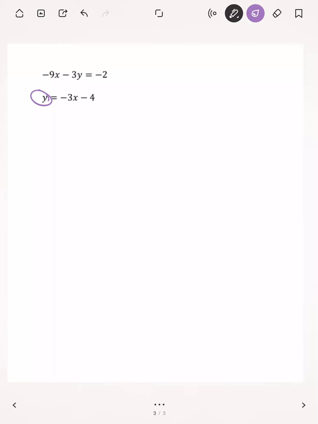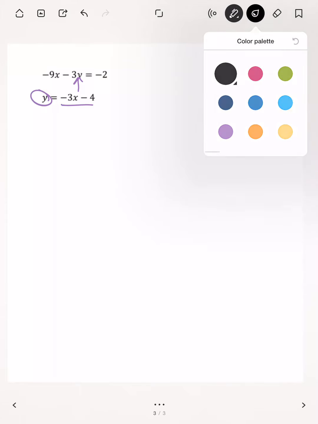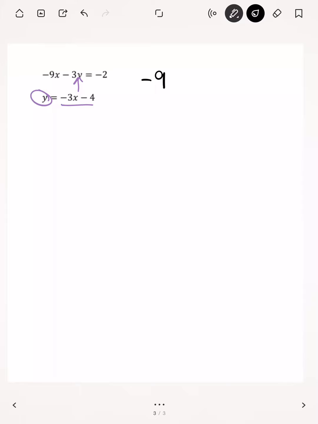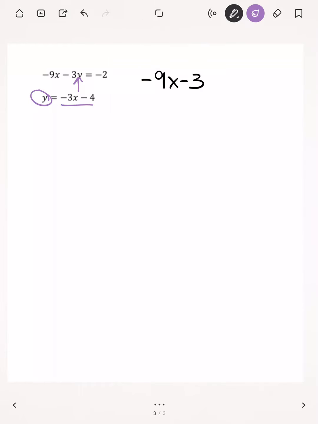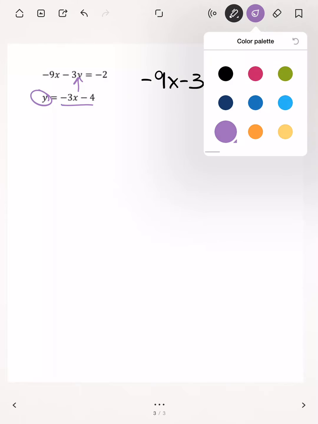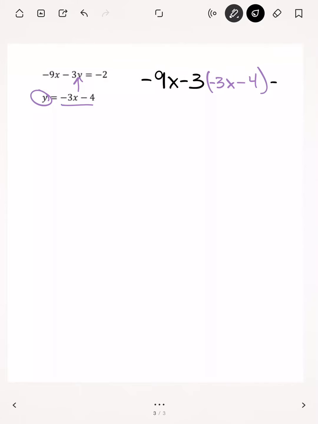So I'm going to take what y equals and plug it in. I have negative 9x minus 3, but instead of y, I'm plugging in negative 3x minus 4, and it equals negative 2.